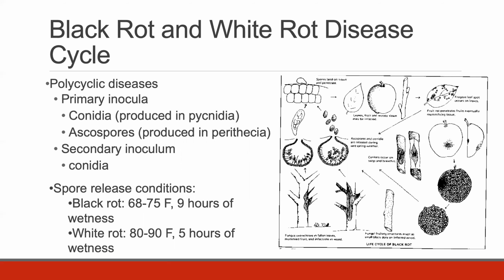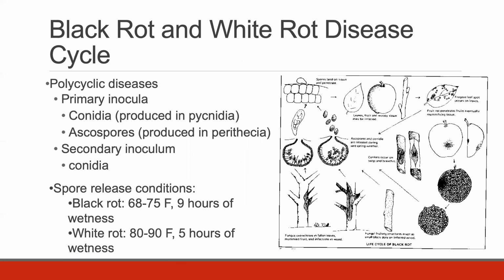The perithecia forcibly discharge the ascospores during spring rains, while the conidia produced within the pycnidia ooze out in tremendous numbers and are washed and rain splashed to other parts of the tree.